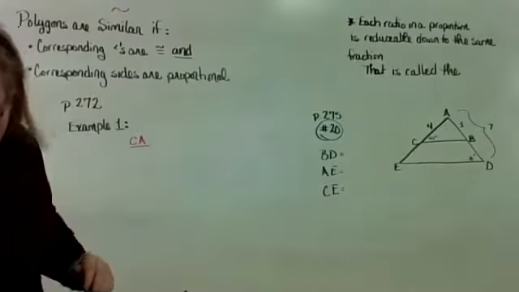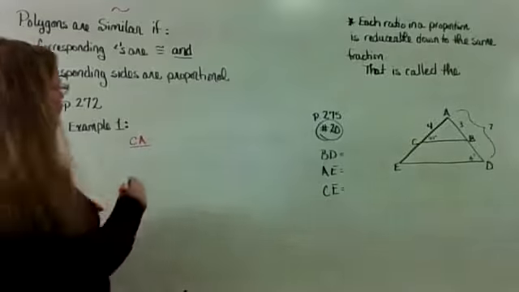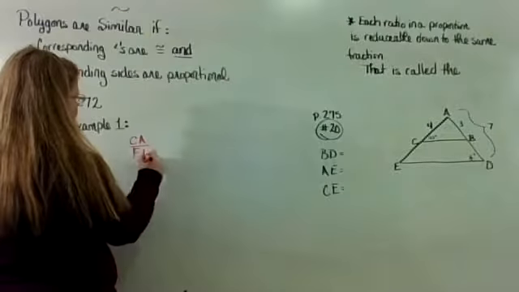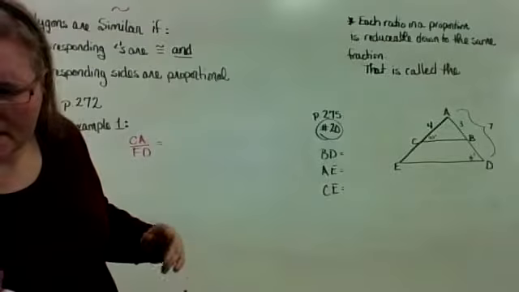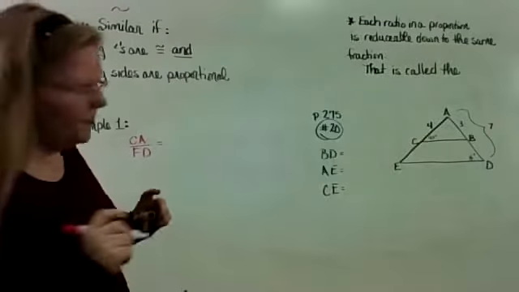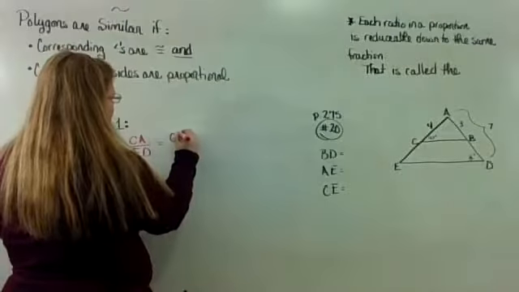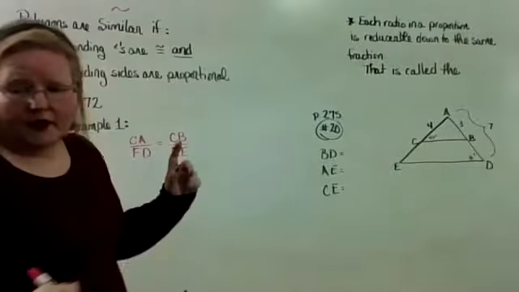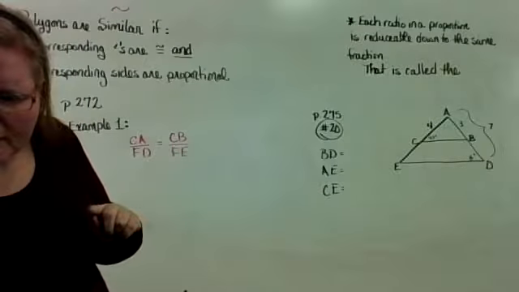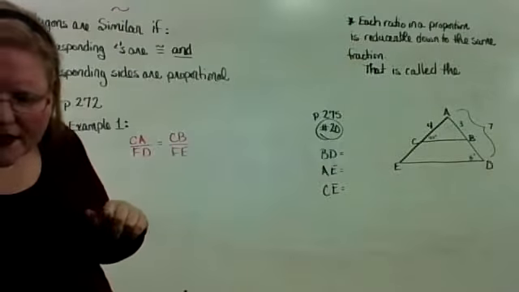Is that an F or an E? FD. Would have to equal CB over FE, would have to equal BA over ED.